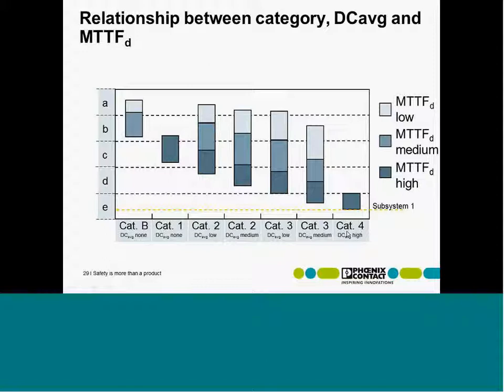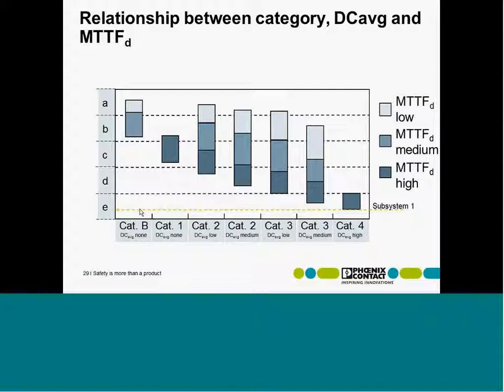The third parameter is a diagnostic coverage of high, so it's this one here. In combination with a redundant structure, this is category 4. So for system number 1, we get performance level E. That is something we can obtain from the illustration here.